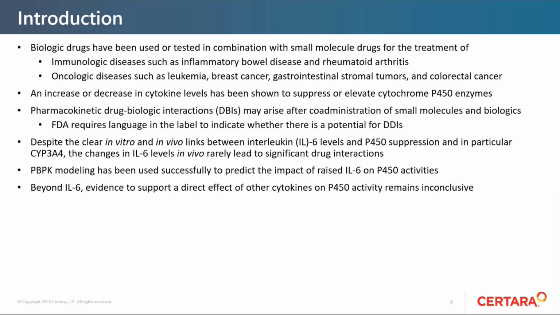An increase or decrease in cytokine levels has been shown to suppress or elevate CYP enzymes. So this PK-driven drug-biologic interactions may arise after co-administration of small molecules and biologics.